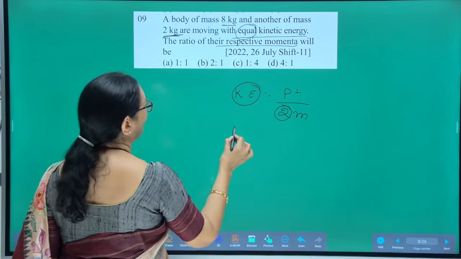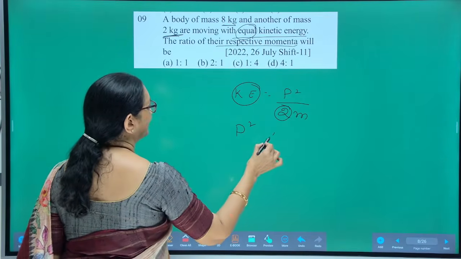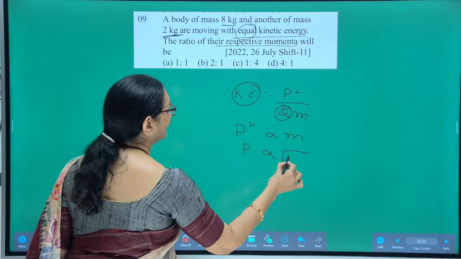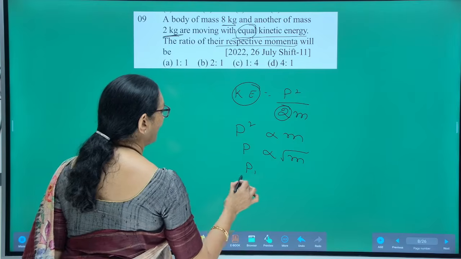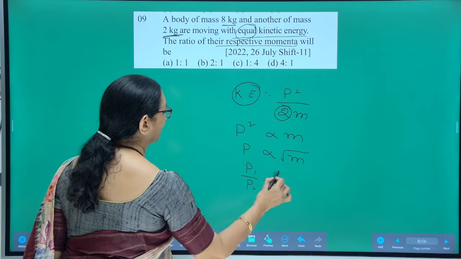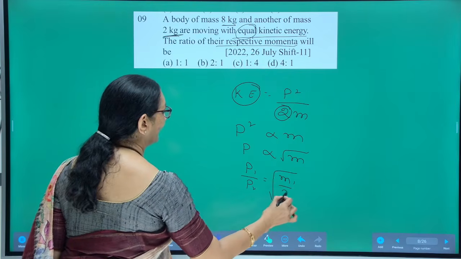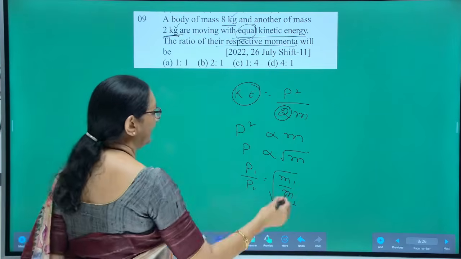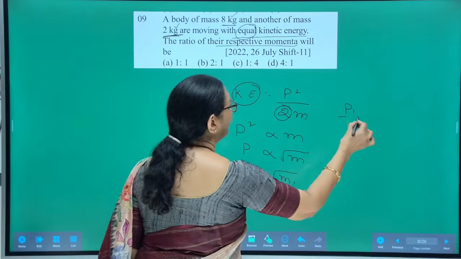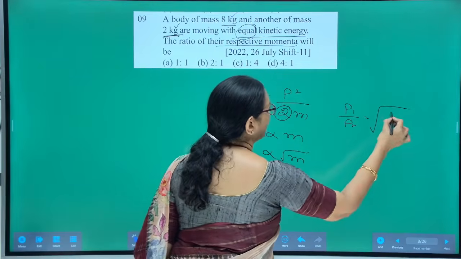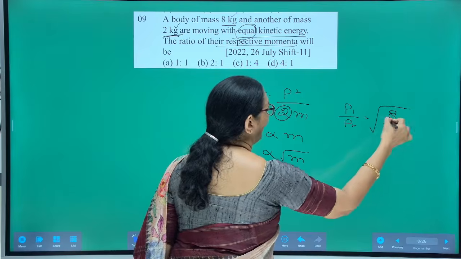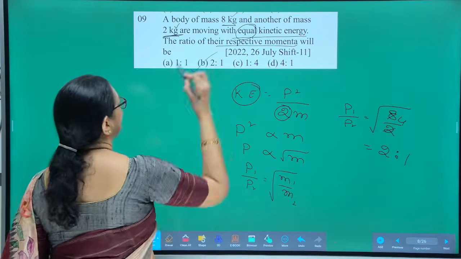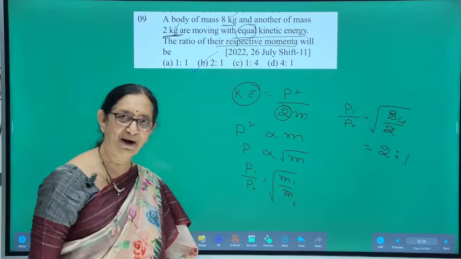For the ratio of the respective momenta, P square is proportional to m, or P is proportional to square root of m, or P1 by P2 is equal to square root of m1 by m2. m1 is given as 8, m2 is given as 2. So, P1 by P2 is equal to square root of 8 by 2, that is 2:1. This is the correct option for that problem.